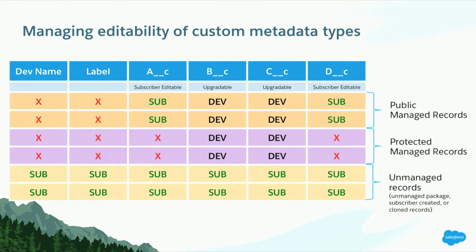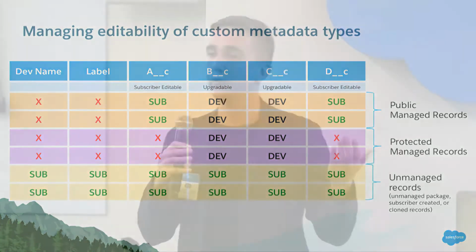When we talk about individual records, because they are metadata, you can build a pretty complex model here. First of all, you can have unmanaged records, those created by a subscriber, so they're completely subscriber editable. Then you have protected managed records, which can only be upgraded with a package. And then the most powerful, I think, is public managed records. An example I like to give is, let's say your app relies on access to 2 different APIs. One API is defined on the side of a subscriber, and one API is defined on the side of the developer. Both of them require a security token.